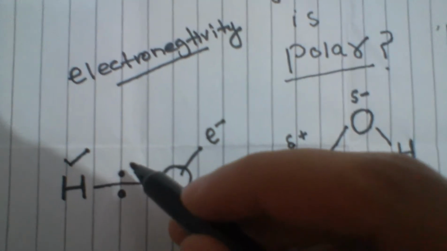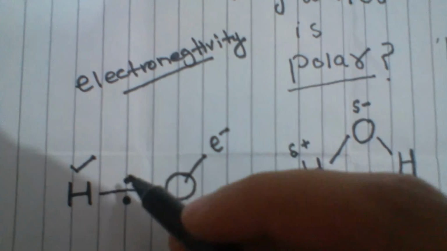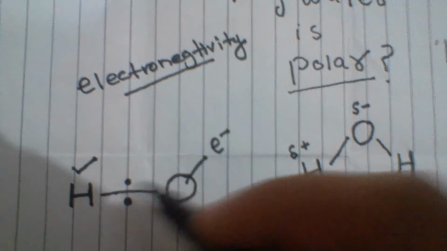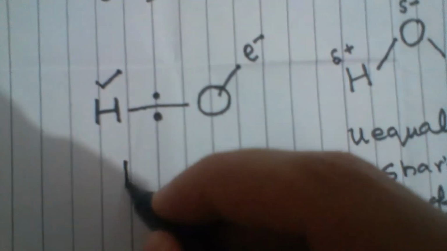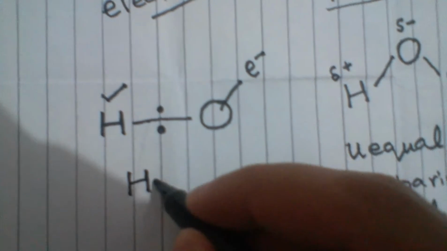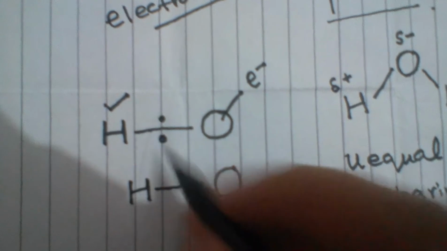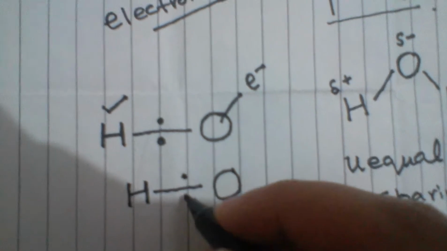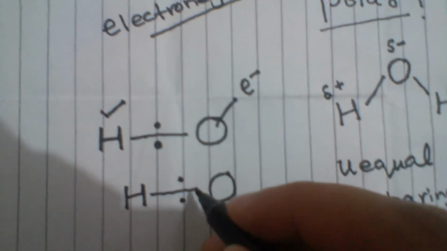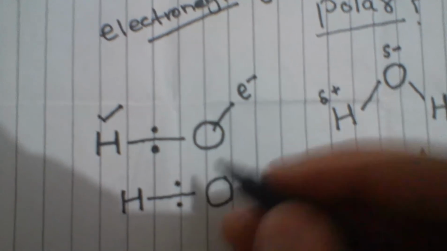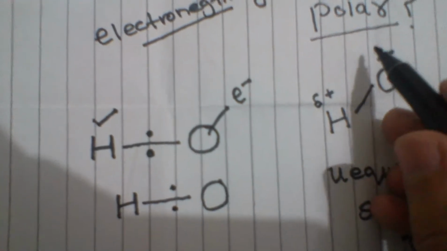So, in that case, we won't have an ideal situation where the charge density is equally distributed between hydrogen and oxygen. The electron density, the electrons, will shift partially towards oxygen. They shift partially. Here, these signs mean partiality, delta signs.